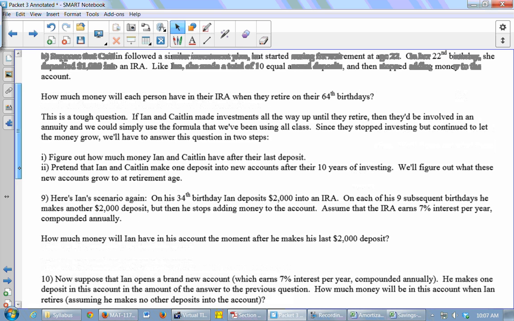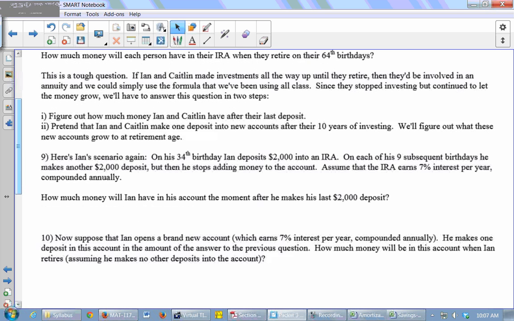All right, so the question is, how much money will each person have in their IRA when they retire on their 64th birthday? So it's a tough question. If we both made investments all the way up until we retire, then we'd be involved in an annuity that uses that formula that we just learned today.